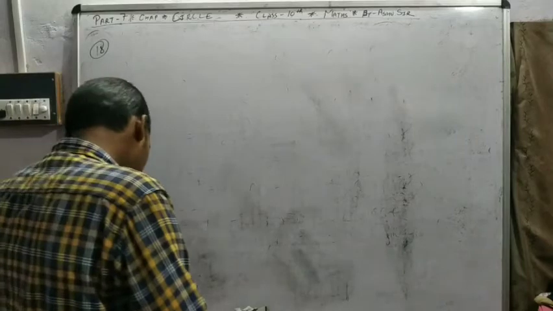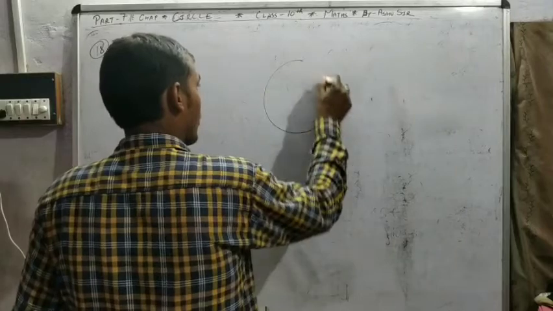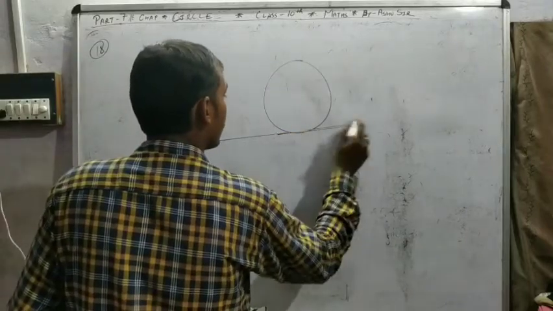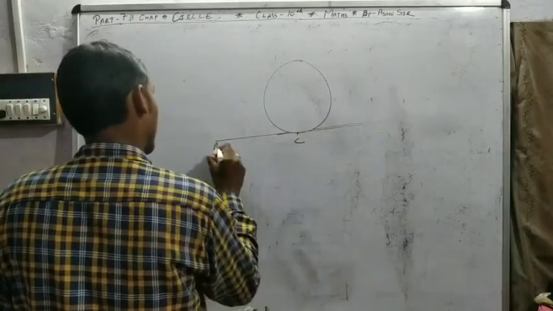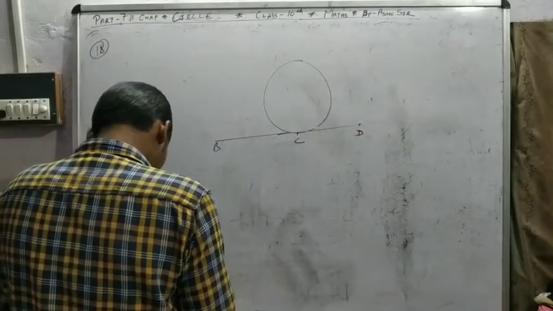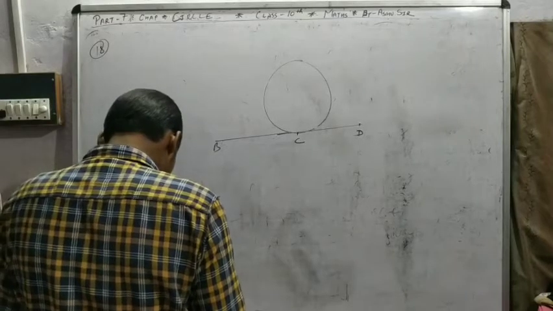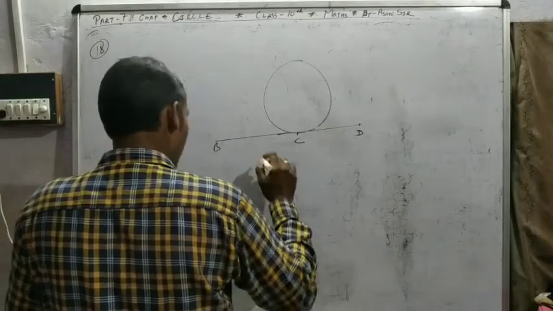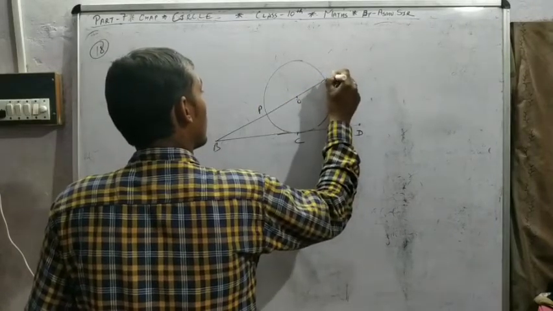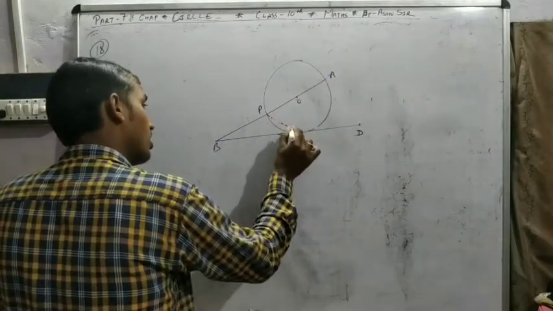Let's see this question. If in the figure BCD is a tangent at C and BP, the diameter extended, these are joined.